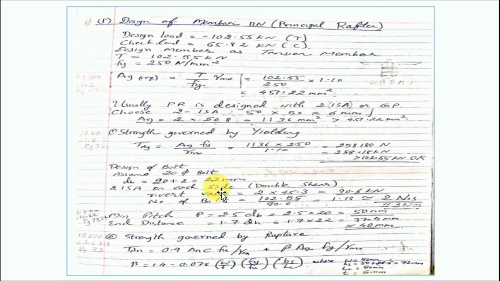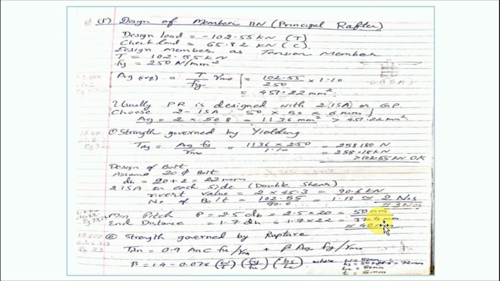We have already found the rivet value, and the number of bolts we are getting from the tension and the rivet value is 1.13, meaning 2 bolts will be used in the principal rafter. So let's take 3 bolts for safety purposes.